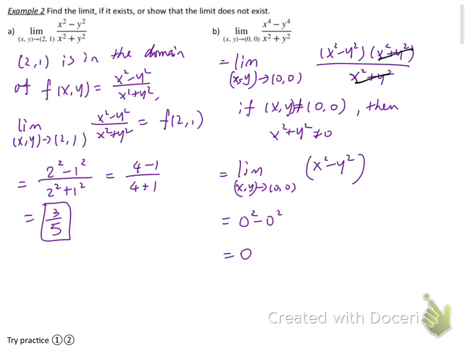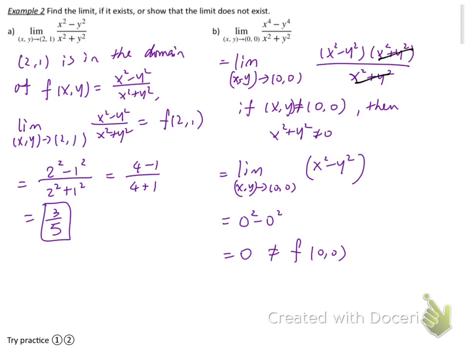So what I'm trying to show you is that x squared plus y squared is 0 at the origin, which means the origin is not in the domain. Sometimes the limit does not exist. Sometimes the limit does exist. It's just not equal to f of (0, 0), because you can't plug (0, 0) into the original function.